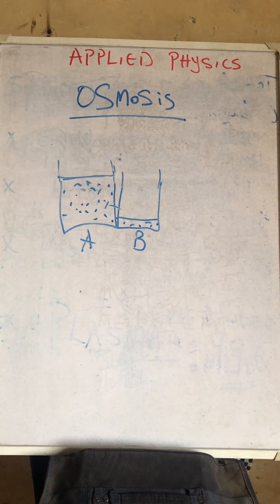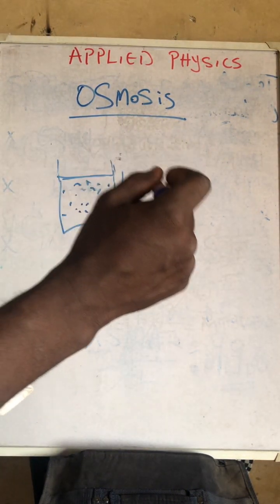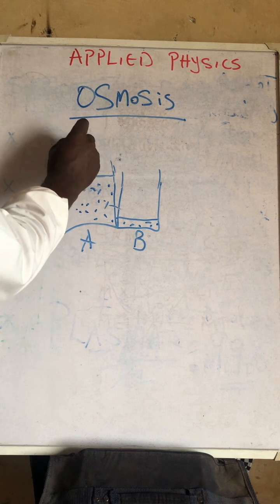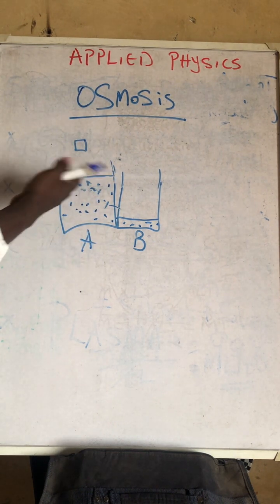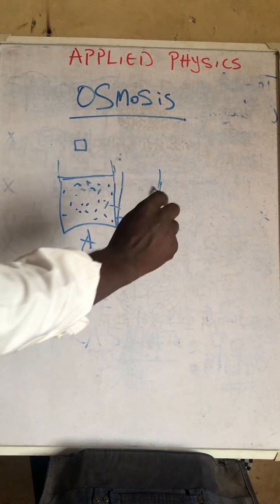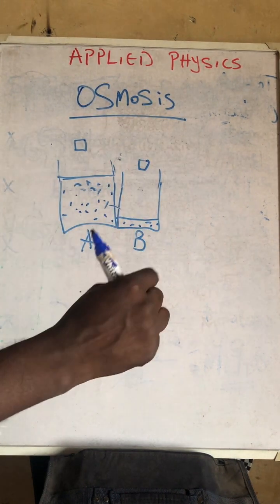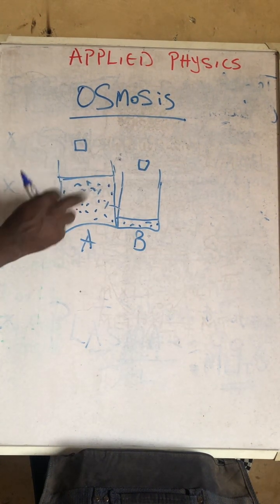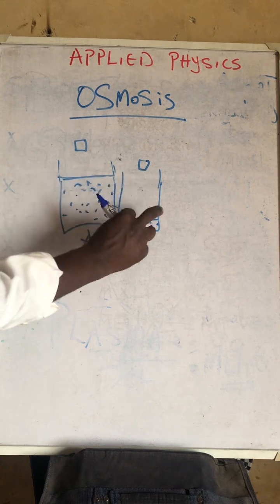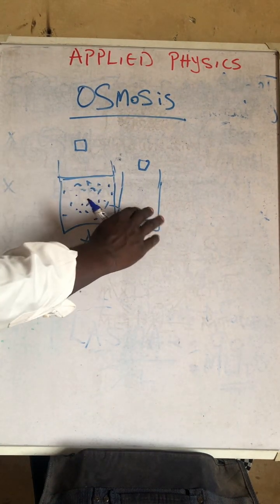Low solute concentration. What that means is, for example, let's say the solute is sugar. If I put a cube of sugar in this water up to this level, and I put another cube of sugar into this other cup, this one has high water content, this other one has low water content.